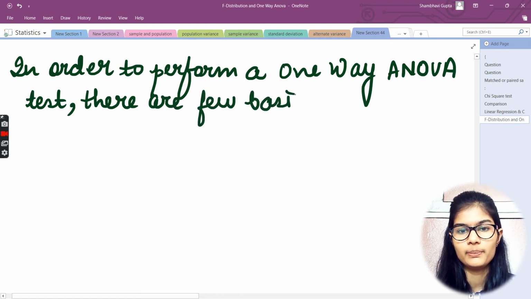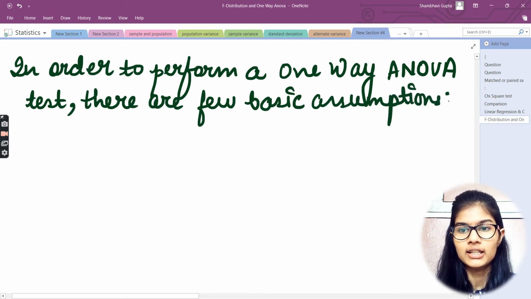I would just mention that here as well. Assumptions, right? So in order to perform a one-way ANOVA test, there are a few basic assumptions that need to be followed, that need to be fulfilled.